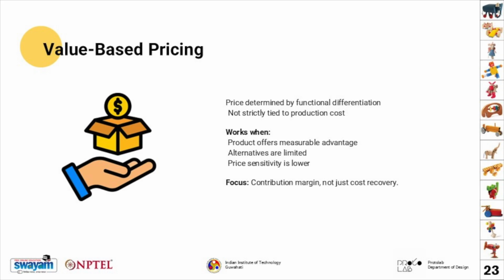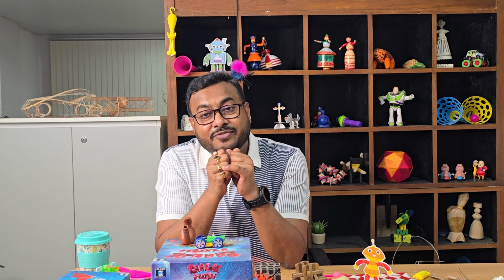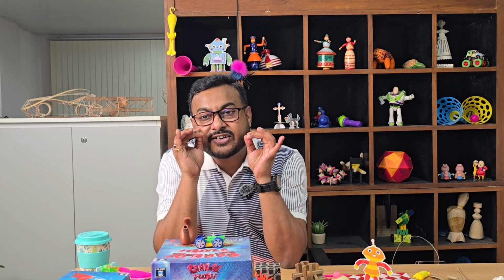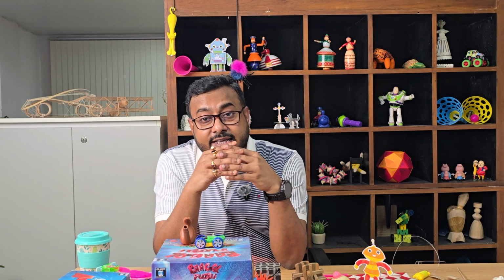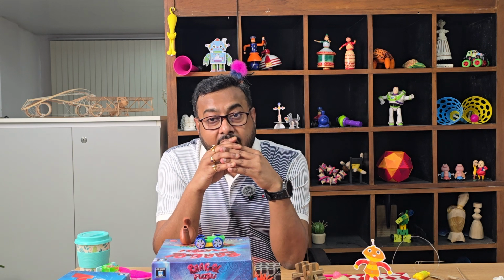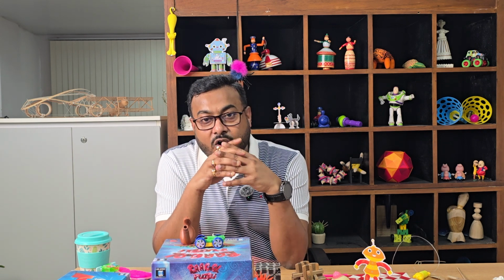This strategy works when competition is limited or when the product serves a defined need that reduces price comparison behavior. However, the risk is structural. If the perceived differentiation is weak, the higher price cannot be sustained and volume drops.